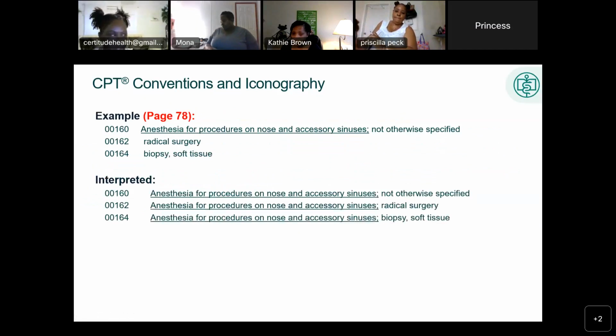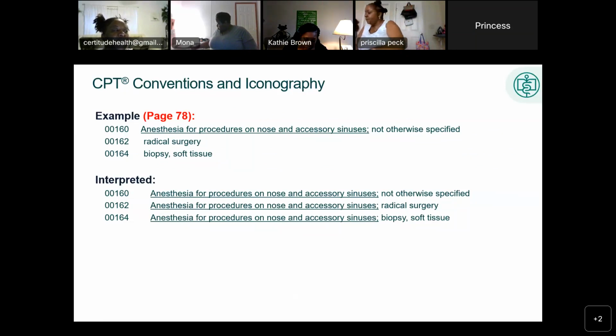So let's take a look at page 78. Same thing. This is just helping you understand the logic behind the semicolon once again.